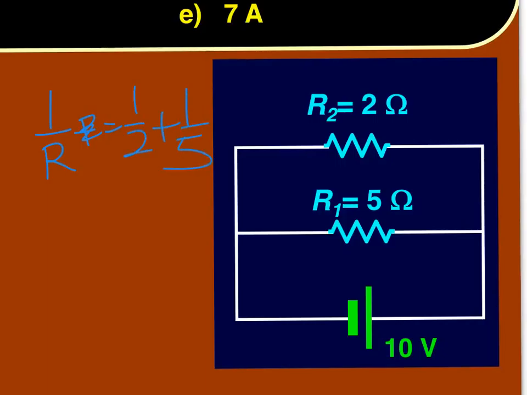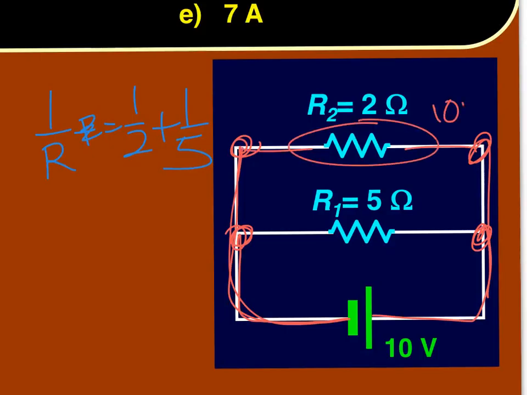And that's all fine and dandy to find the equivalent resistance, but you know that for resistors in parallel, 10 volts is applied to that resistor, and 10 volts is applied to that resistor. There's this direct connection from the battery to the resistor, which means that 10 volts across here and 10 volts across here.